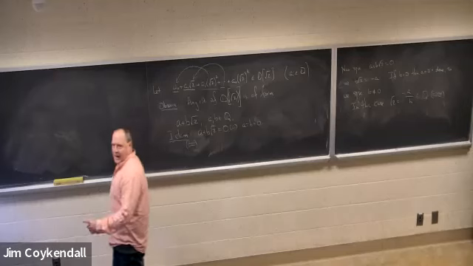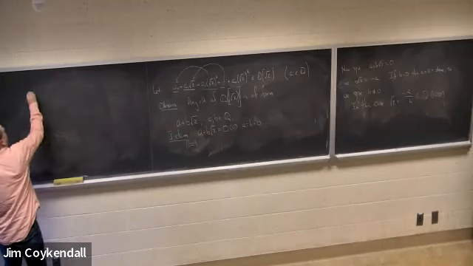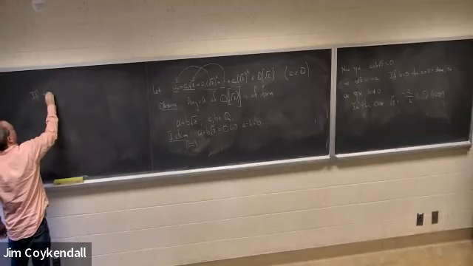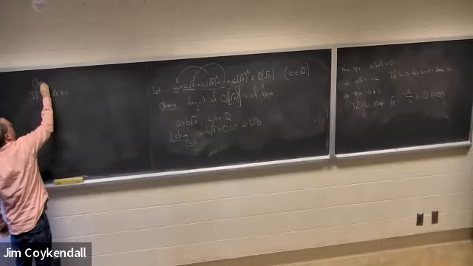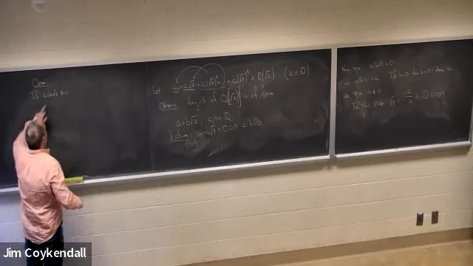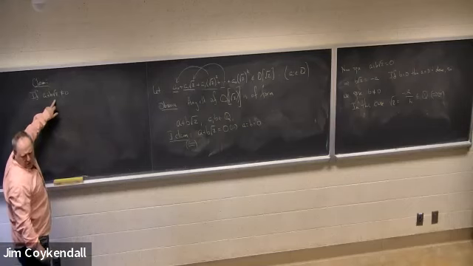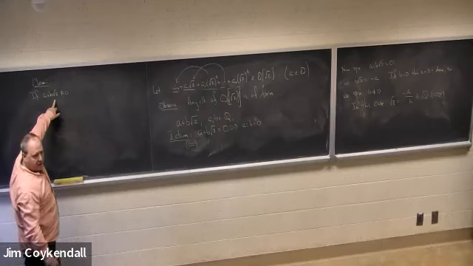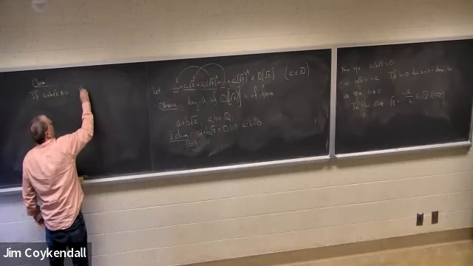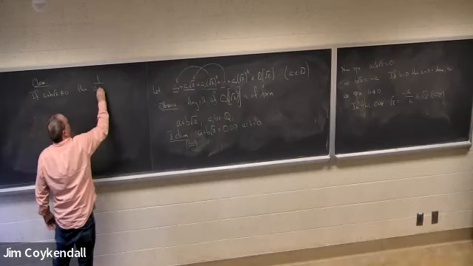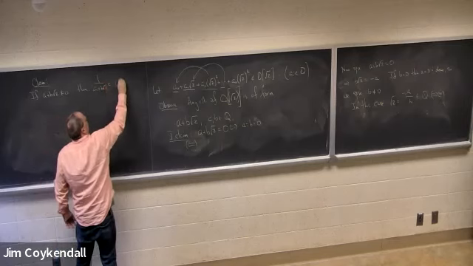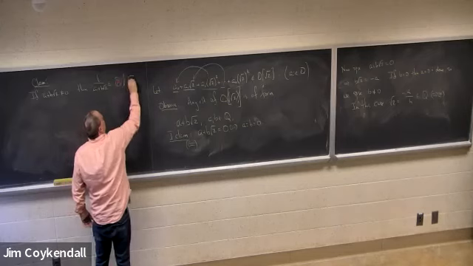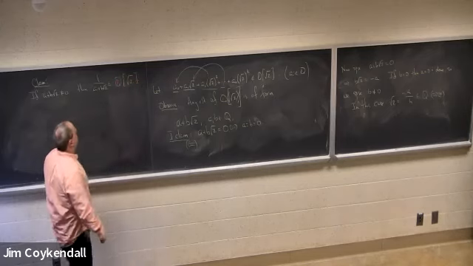Okay, now my next claim is: if I have one of these elements of Q[radical 2] that is not 0, then there's also an inverse in Q[radical 2].